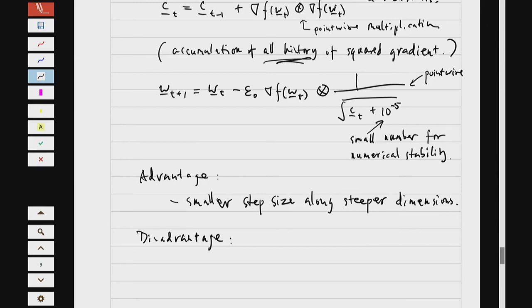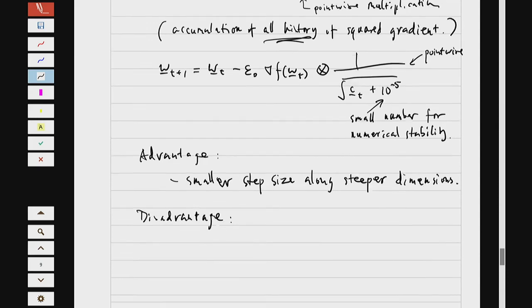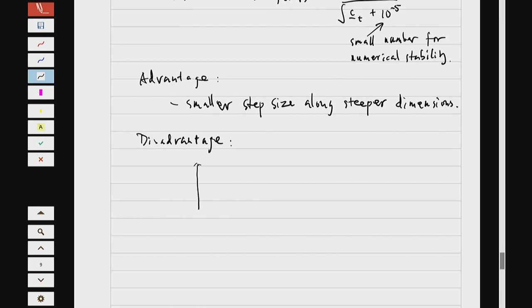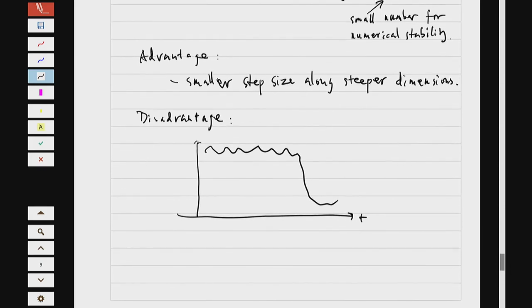But while you're struggling along, you keep accumulating these values. This C_t gets bigger and bigger and bigger, okay? So now your step size becomes very small, too small, in fact, okay? So that's a problem. Pictorially, in neural network training, very often we just keep struggling around, and then suddenly it goes down like that. So the problem is that in that case, the learning rate can decrease too fast, can vanish.